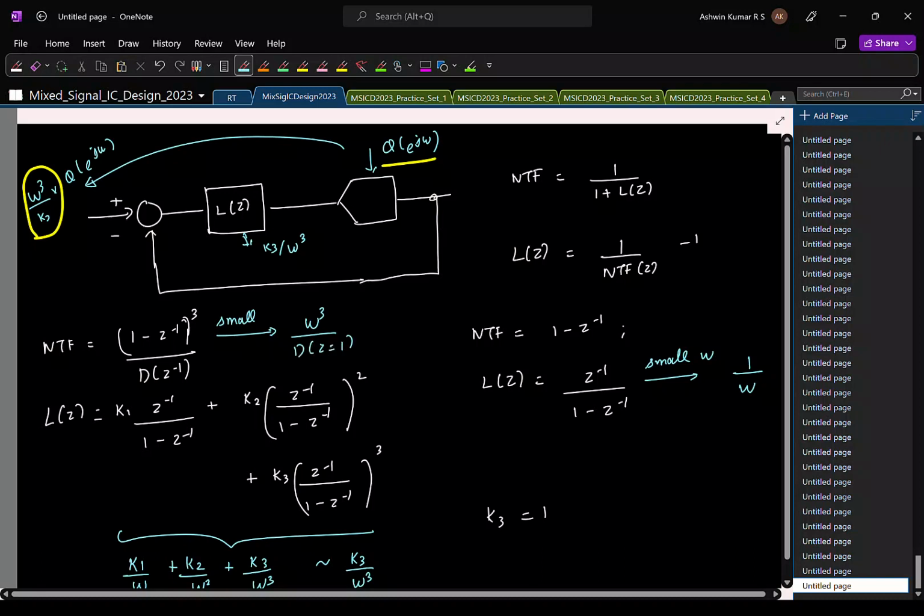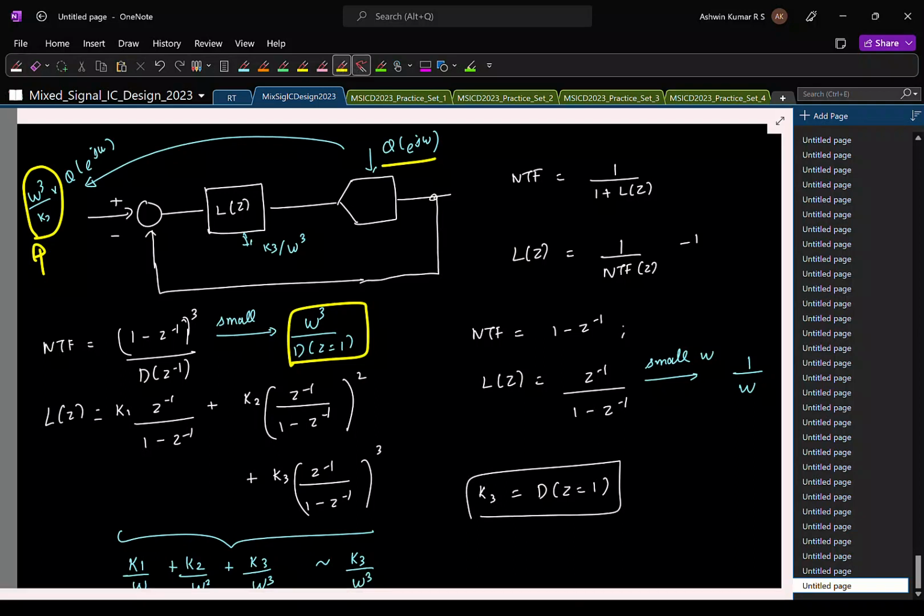So now what is K3? Same thing, right? This is now your NTF, and this is the NTF here. So just compare it, you will get K3 equal to 1. This is something you should be able to deduce straight away. Right? Cool.